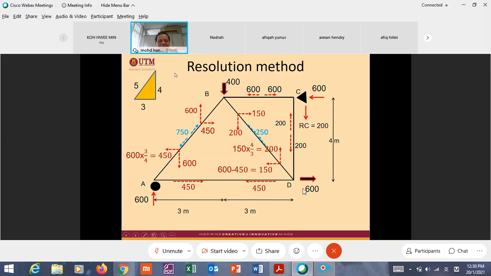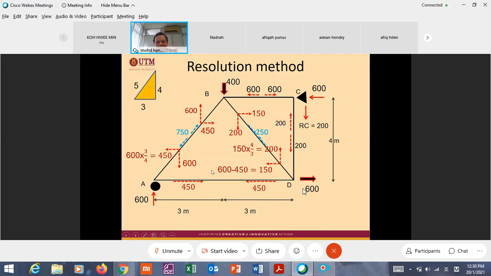You can use this one just to self-check. Maybe you can develop the equation based on this simple method. This is the answer. So I give you one extra example today.